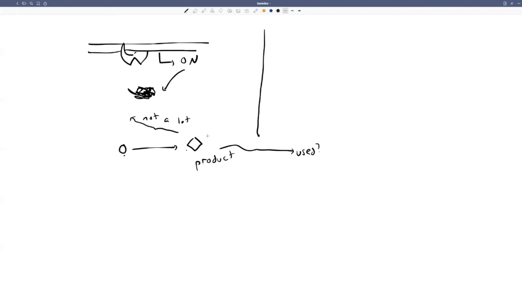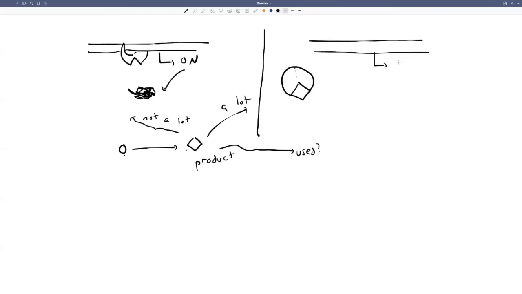If we had a situation where there was a lot, then the diamond interacts with the activator and prevents it from activating. So no enzyme, and therefore no new product.